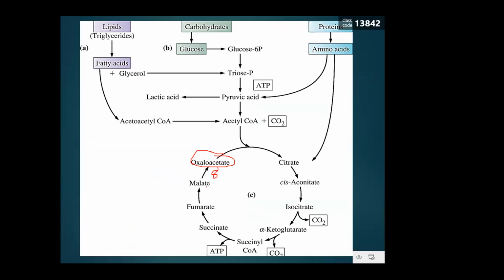This is step 8, from malate to oxaloacetate, then 7, 6, 5, 4, 3, 2, and 1. But our final product is oxaloacetate. Remember that the end product of our Krebs cycle or TCA cycle is oxaloacetate.